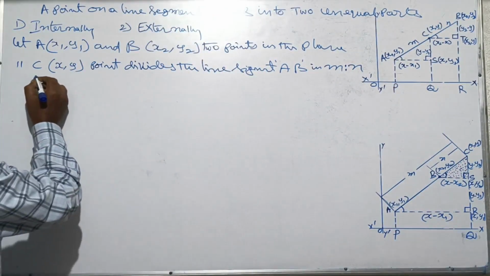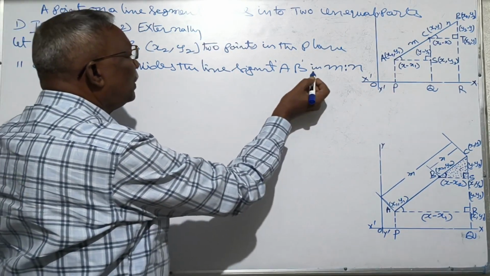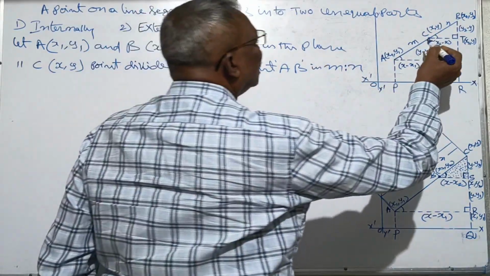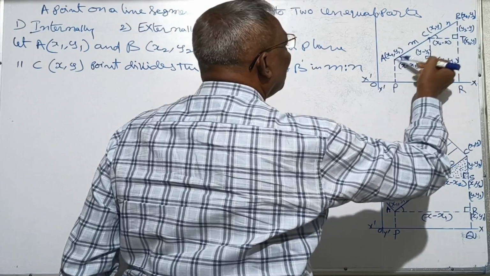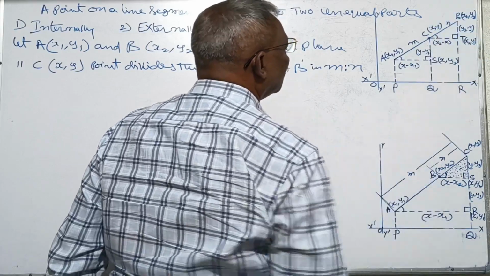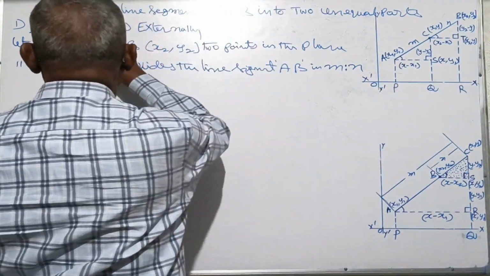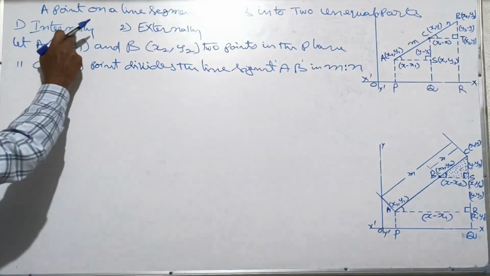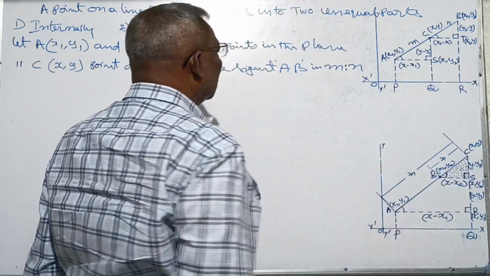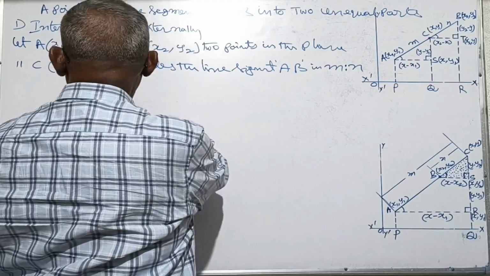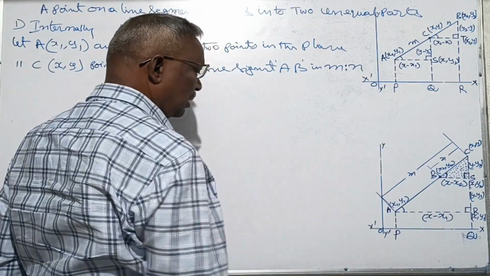Next, let point C(x, y) divide the line segment AB in m is to n ratio. This diagram shows it divides internally. This diagram shows it divides externally. That is, point C(x, y) divides the line segment AB in m is to n.